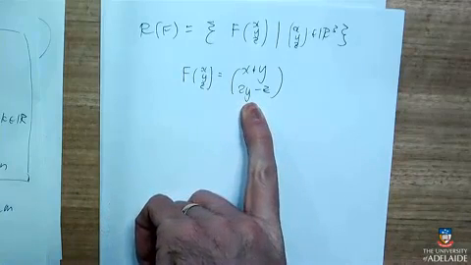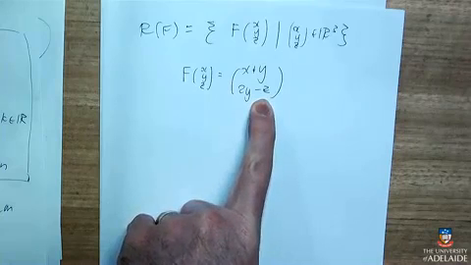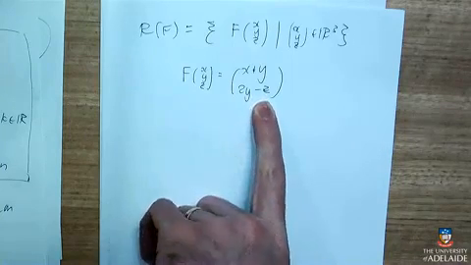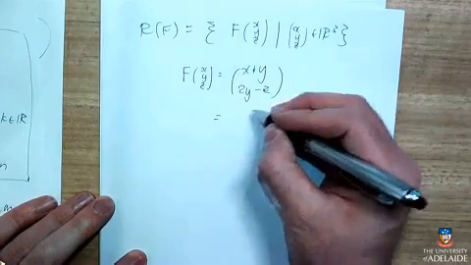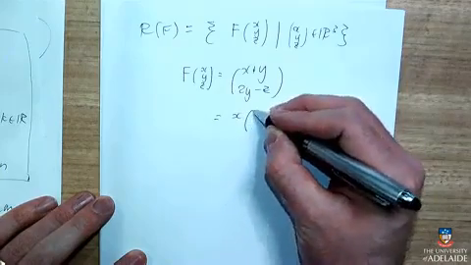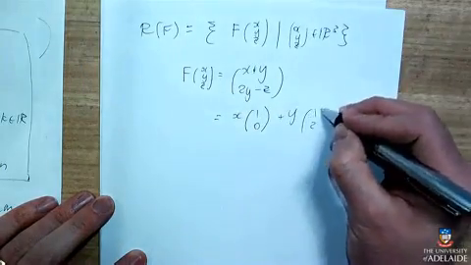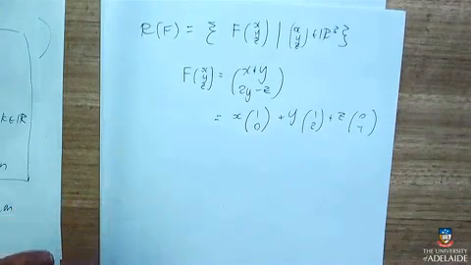And so I want to rewrite this as a span because then I'll know what the range really is. And it's a subspace, so I know that I could write it as a span and that would be a useful way of doing it. So I'm thinking I could separate this out as to something with the x's and something with the y's and something with the z's, like that.